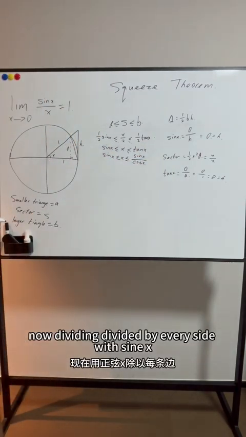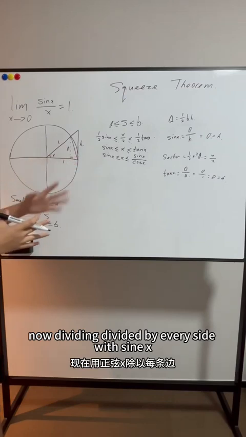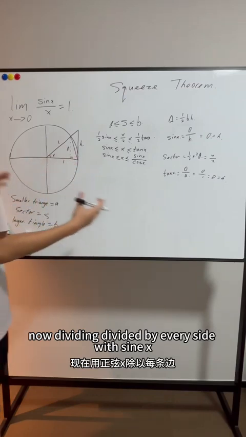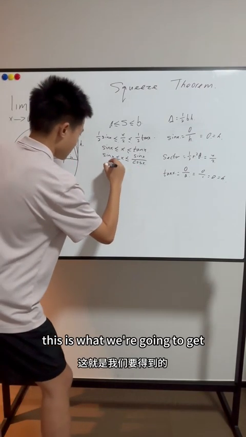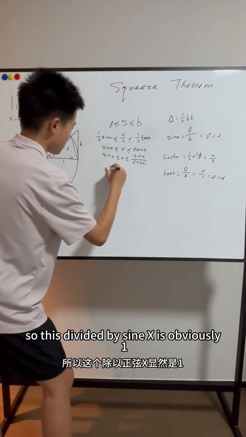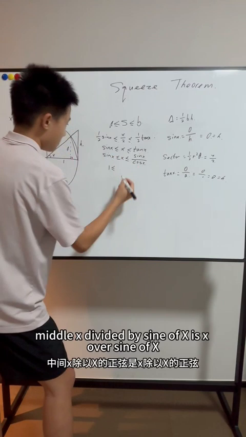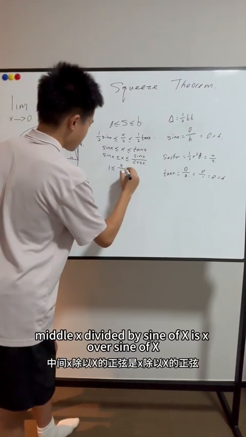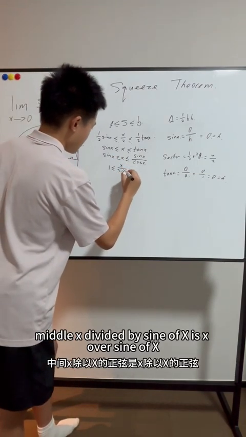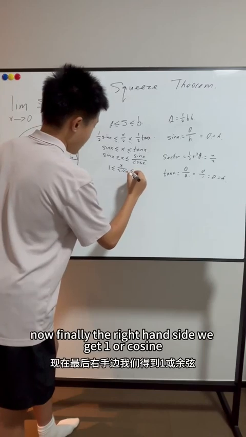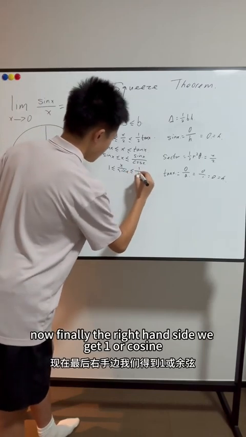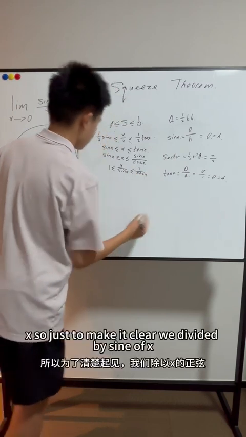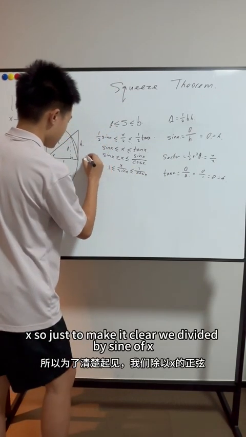Now divide every side by sine of x. This divided by sine of x is obviously 1. In the middle, x divided by sine of x is x over sine of x. Finally, on the right hand side, we get 1 over cosine of x. Just to make it clear, we divided by sine of x.